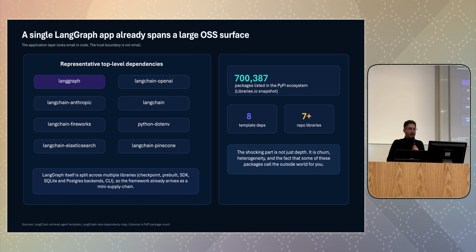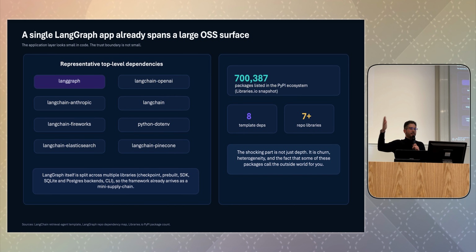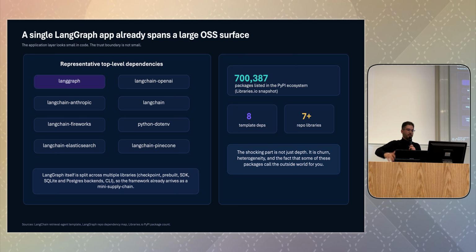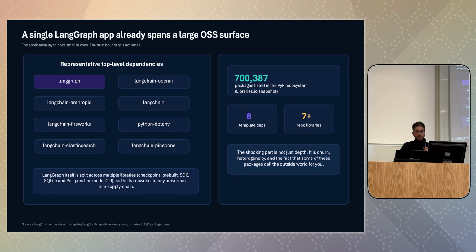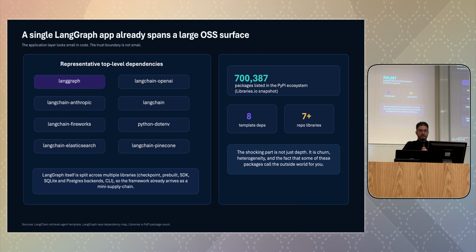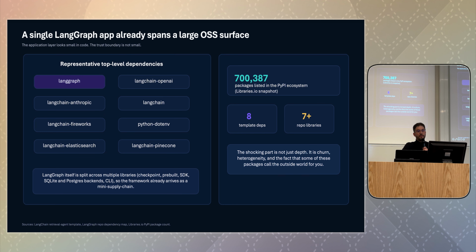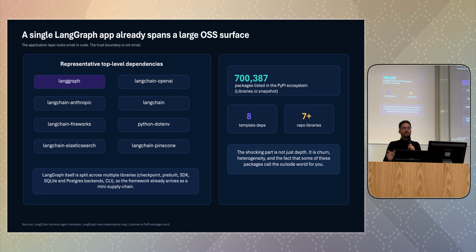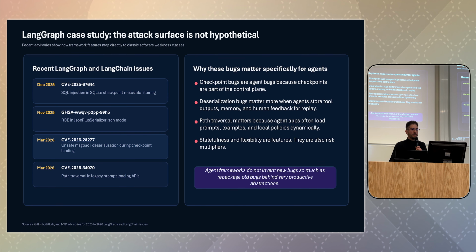And of course, LangGraph is not just LangGraph. There's LangGraph for OpenAI, for Anthropic, there is LangChain, there is the Python environment, it is for all the vendors. So it is actually an ecosystem of more than 700 different Python packages, even though the core library itself has only 7 core dependencies, but it's really enormous when you take into account the connectors.